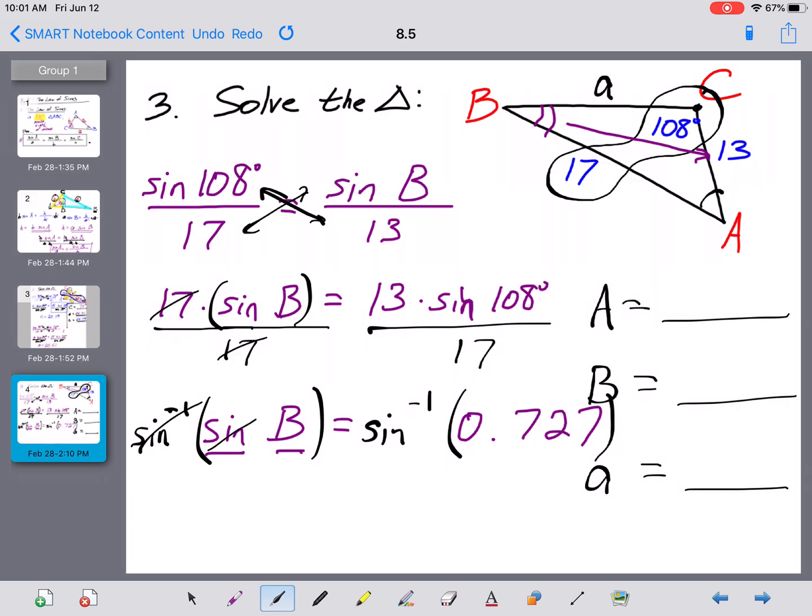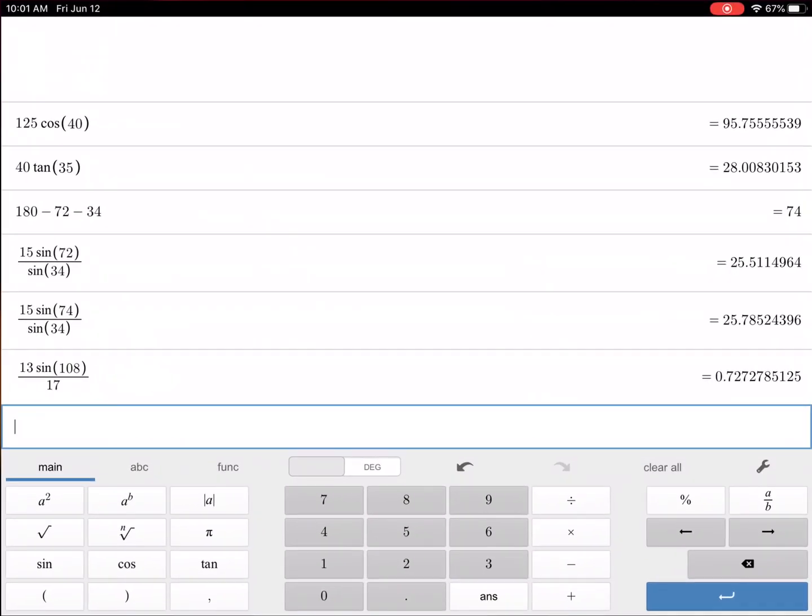The inverse sine and sine cancel, so we're going to get capital B is equal to the inverse sine of this number, but it's important that everybody recognizes that this number here, 0.727, is not an exact value. It's not exactly 0.727, that's an approximation. So we want to do the inverse sine of that last answer in our calculator.